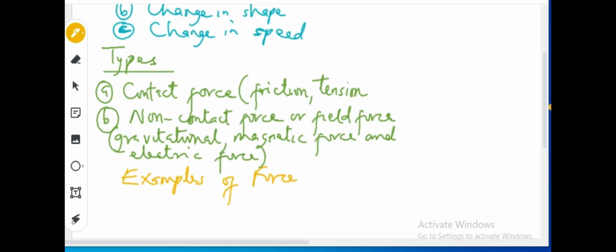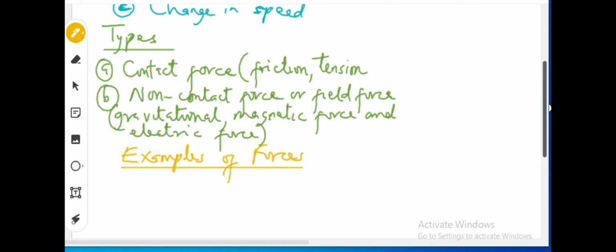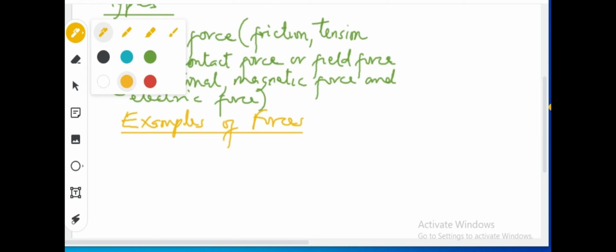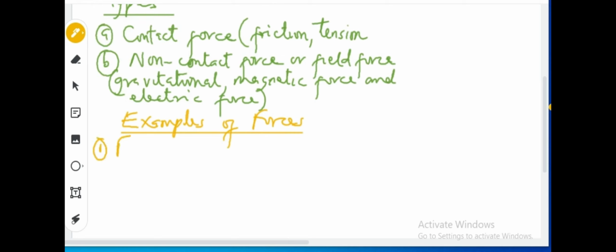Have you mentioned some of them already? Examples of forces, can you mention any? What's friction? The force that acts to oppose the motion of two objects that slide against each other. So frictional force opposes the motion of two objects that are sliding against each other. What direction does frictional force always act? Backwards.